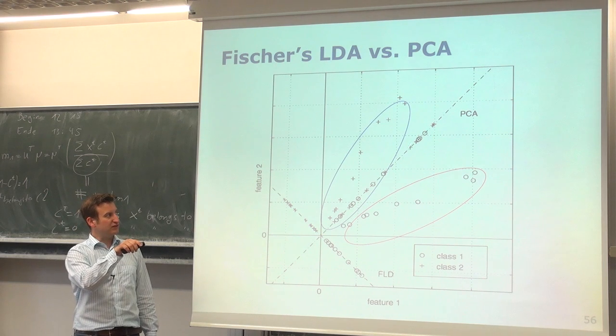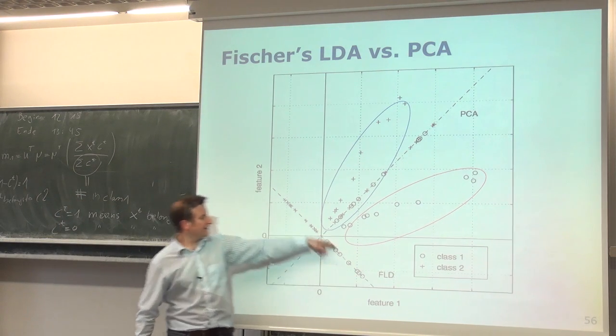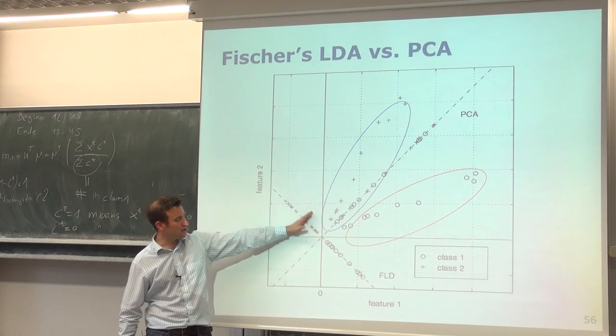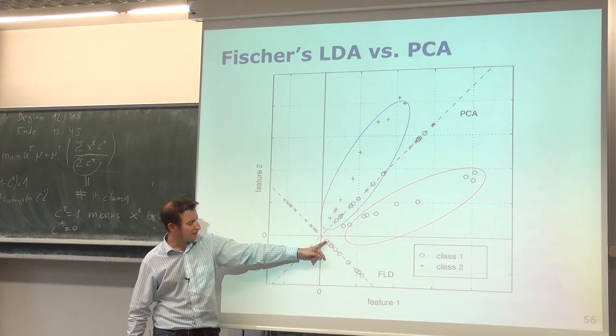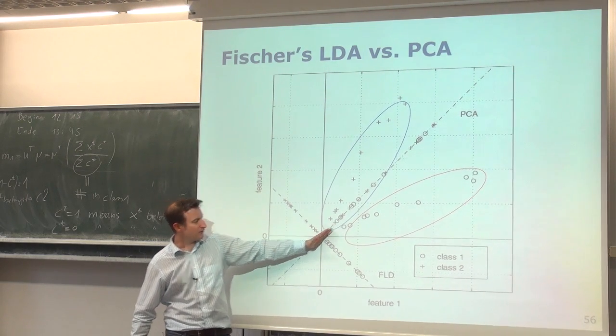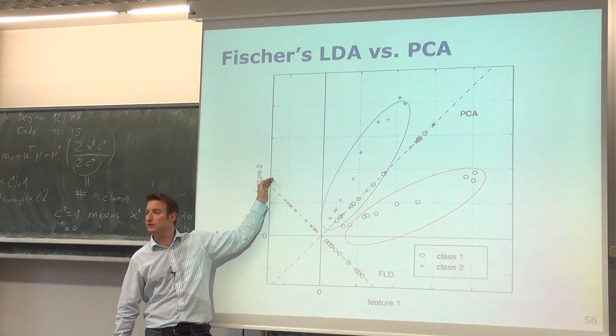And then these are the projections of the points along this dimension found by PCA. If I use Fisher's LDA, in this dimension, all the crosses will be projected on this area. All the circles would be projected here along this line. So this is a perfect separation of class number 1 and class number 2.